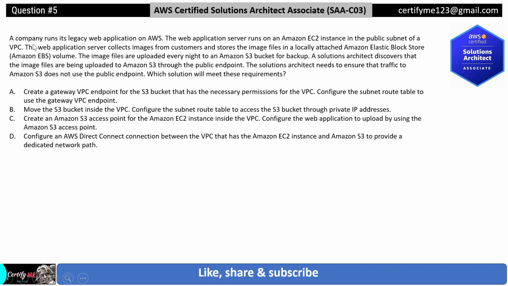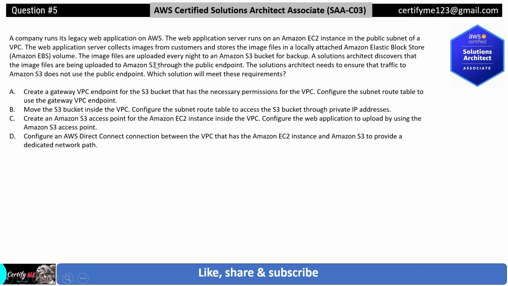Next question. A company runs its legacy web application on AWS. The web application server runs on an Amazon EC2 instance in the public subnet of a VPC. The web application server collects images from customers and stores the image files in a locally attached Amazon Elastic Block Store volume.